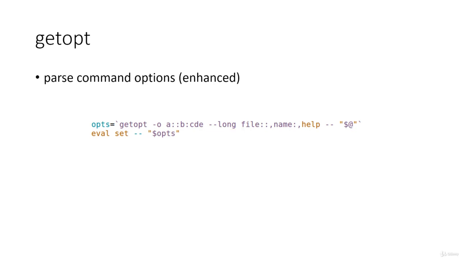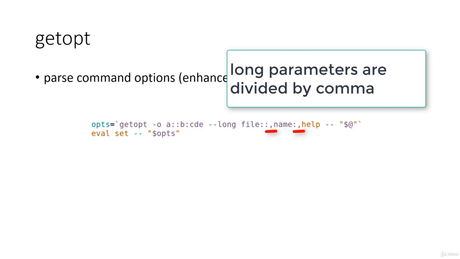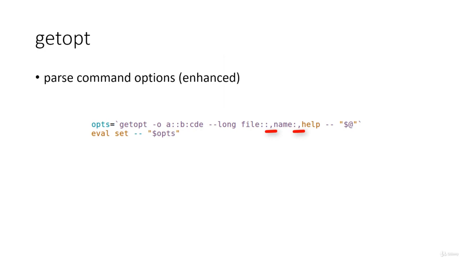Short parameters are next to each other without being divided by any character. This is the same as for the Getopts command, but long parameters we need to divide by commas. At the end of this command we specify all arguments after --, followed by a space.